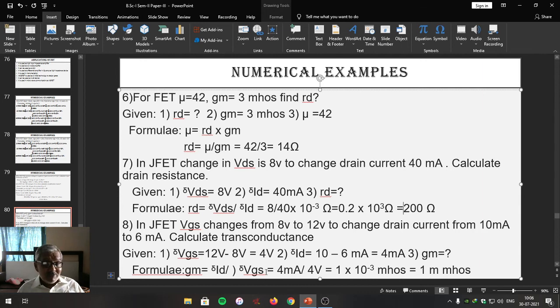All these formulas we have studied when we studied the theoretical aspect of the FET, that is FET parameters. When we studied, we defined all the parameters along with the formula. And also we studied the relation between FET parameters. So use the formula that gm is equal to delta ID upon delta VGS.